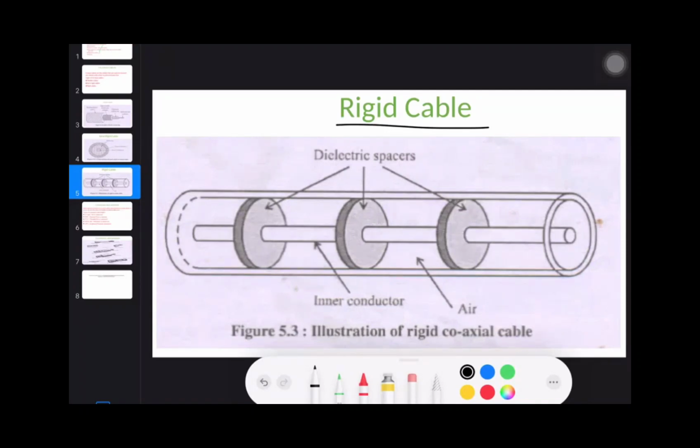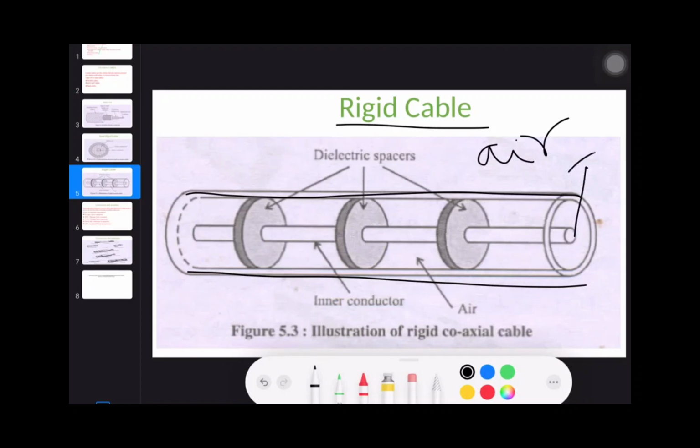The dielectric material which we use in this rigid type of cable is air. During manufacture of rigid type of cables, this is the cable which you see, and inside it, this is the inner conductor and this is the outer conductor.